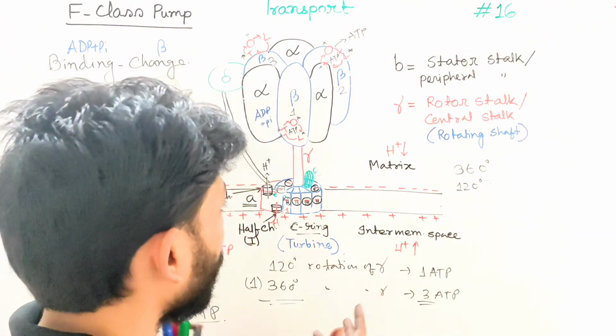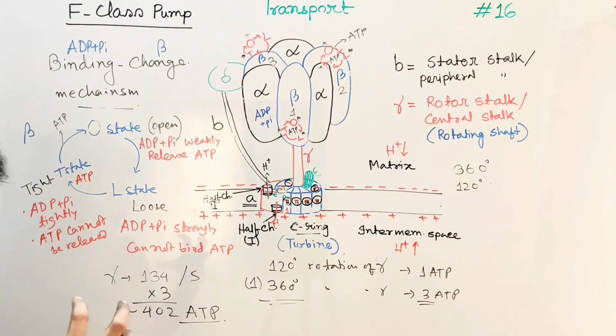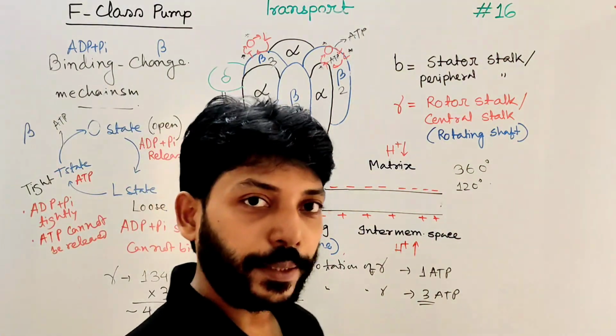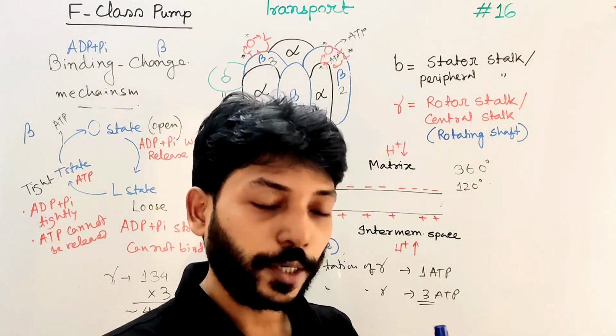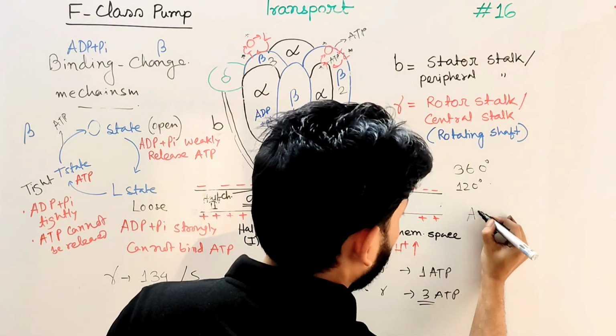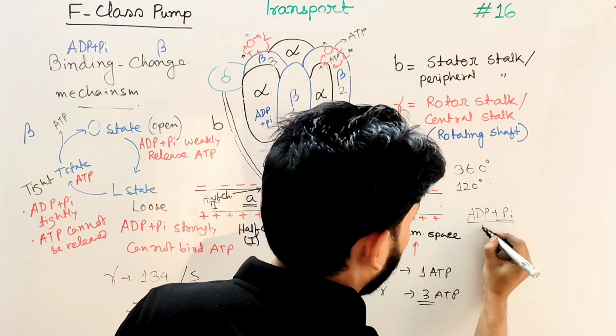This is a very unique machine. So through this conformation change, it causes the binding of ADP with Pi, that means the terminal phosphate. So ADP binds with Pi, this is the terminal phosphate, and makes the ATP.